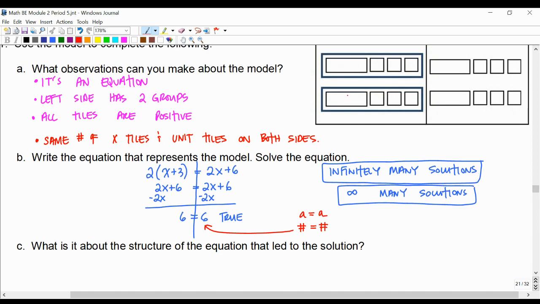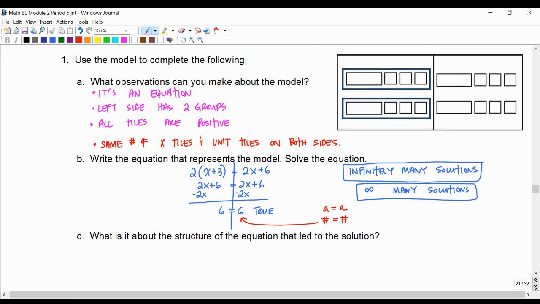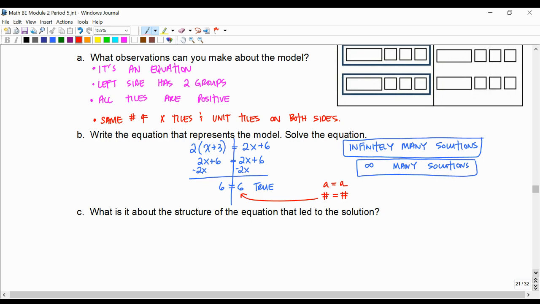That there was 2 x tiles, 6 unit tiles, and 6 unit tiles. The problem was just set up a little bit different with the groups. And in fact, for C, I'm just going to draw an arrow up there. All right, so that was the first problem where we got infinitely many solutions. Anything will work for this.